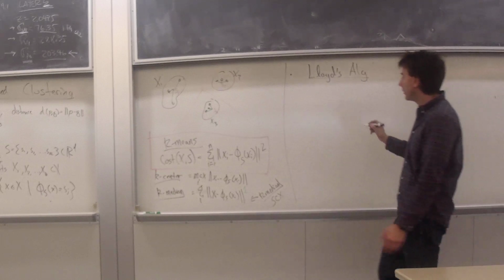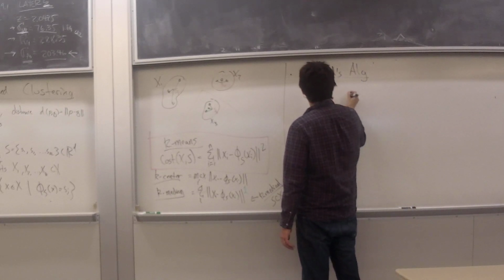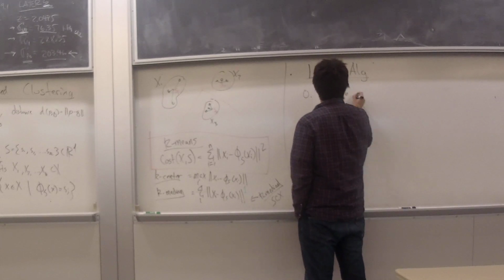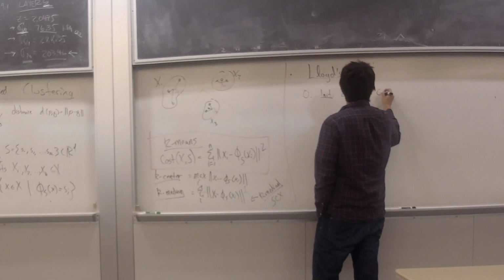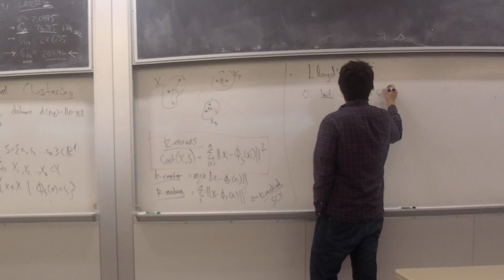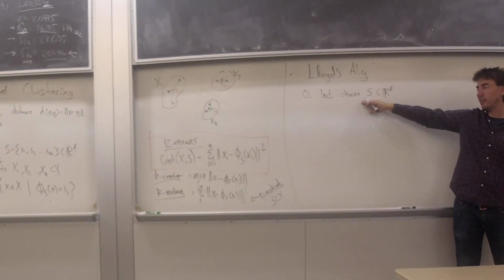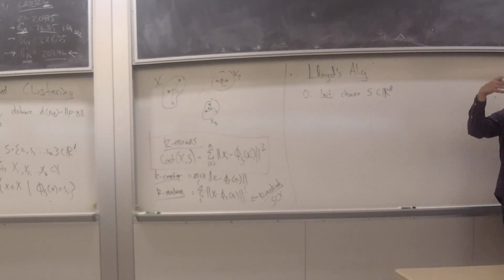Okay, so the first step: choose somehow S, a subset of R^d. I'm just going to somehow initialize some set of centers. This is not going to be my final thing, but I need to start someplace, just like in gradient descent, where I initialize somewhere. We can talk about ways to initialize.